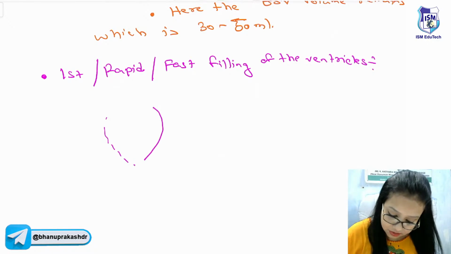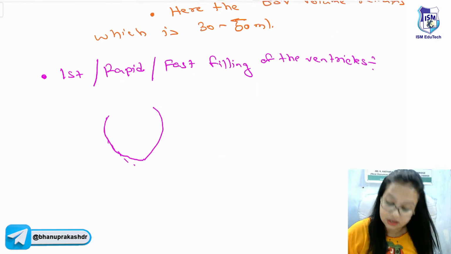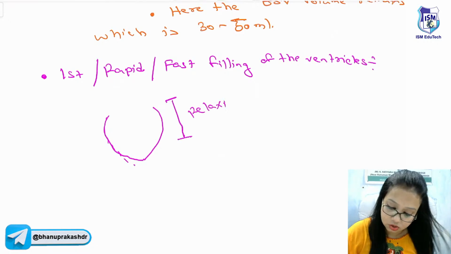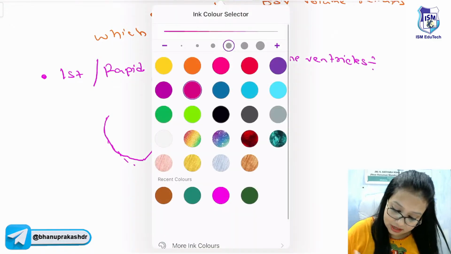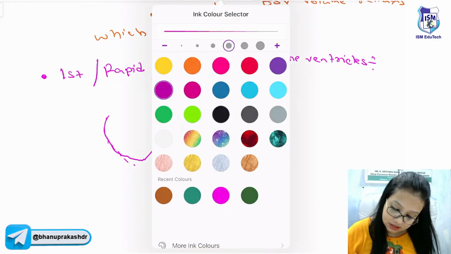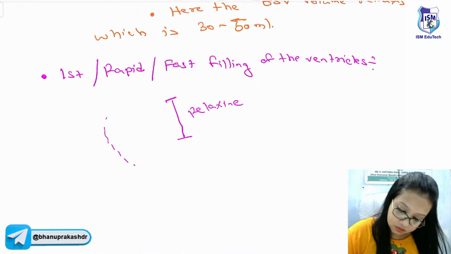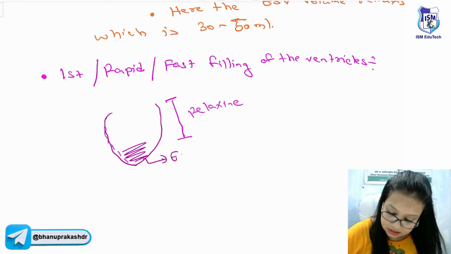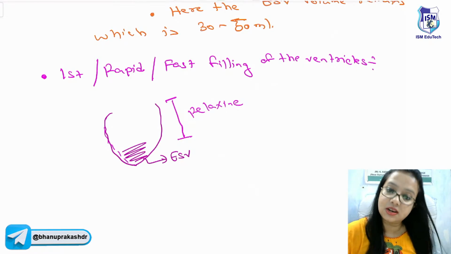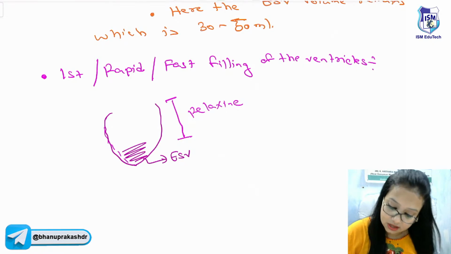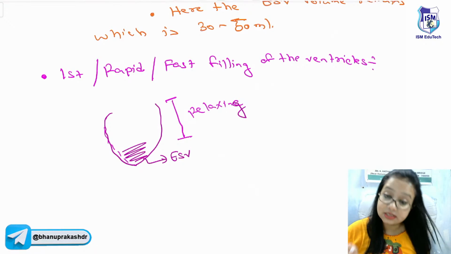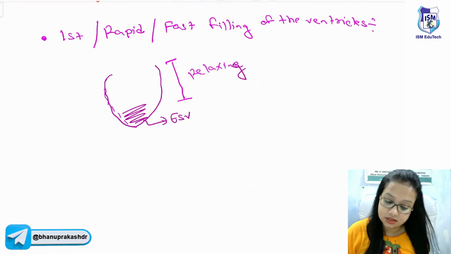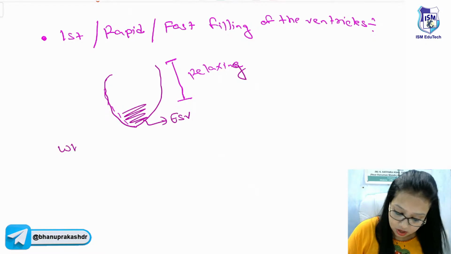As the ventricle is relaxing, the blood that is present is the end systolic volume. Now the ventricles are relaxing, which means they are increasing in size.